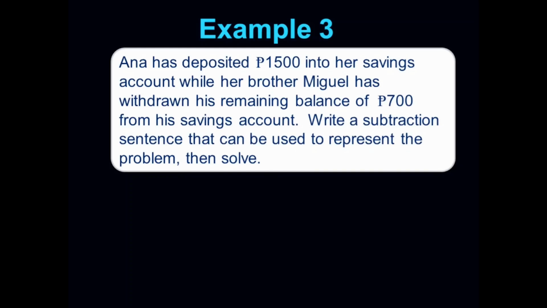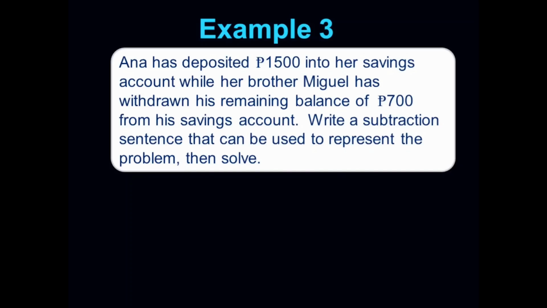Write a subtraction sentence that can be used to represent the problem, then solve. Just like in any other math problems, we need to identify some keywords that will help us solve the problem. The keywords that we're going to consider here are the words deposited and withdrawn.